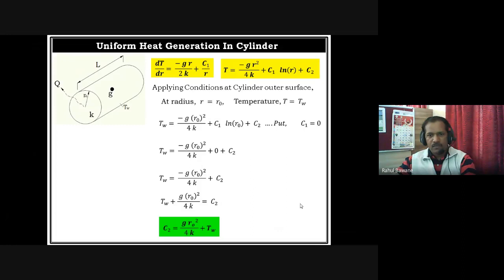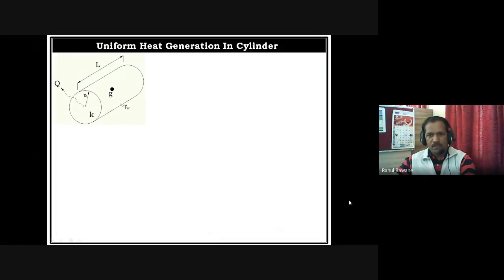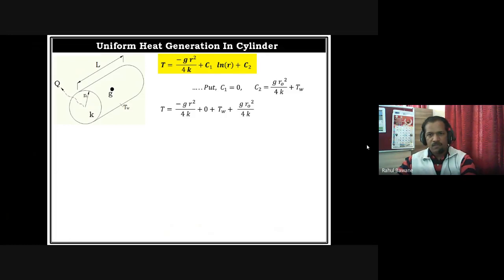Now we have both the values c1 and c2. Replacing c1 and c2 in our temperature profile equation, we get T equals minus g r square upon 4k plus c1 is 0, so the middle term becomes 0, plus c2 which is T wall plus g rho square upon 4k.